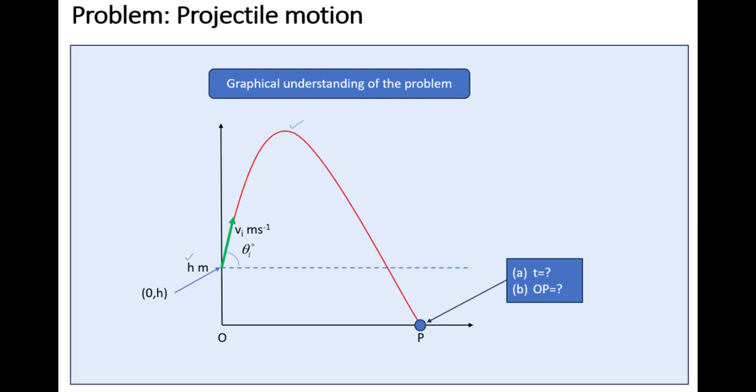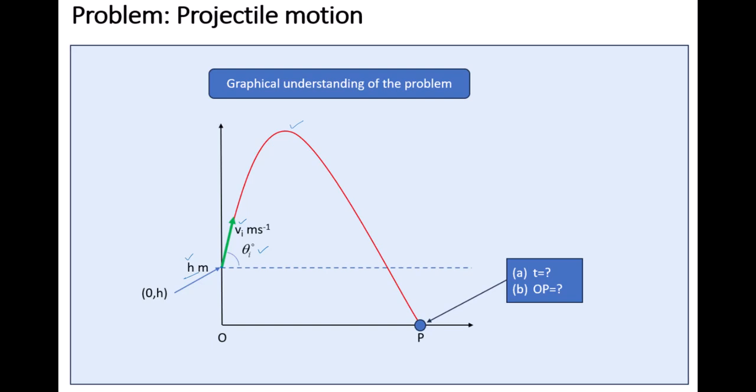From the top of the building, somebody is throwing a ball with an initial velocity magnitude given as vi meters per second, and the throw is such that the velocity makes an angle of theta i degrees with respect to the horizontal. So a few things are already given to you: the initial velocity magnitude and the direction it makes with the x-axis, and also the initial displacement, which is the height of the building from where the object is thrown.